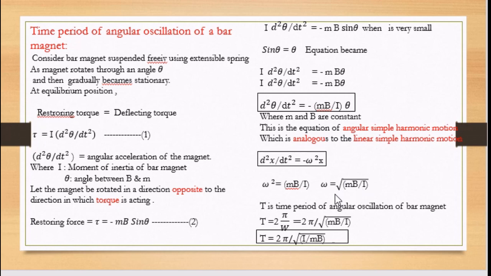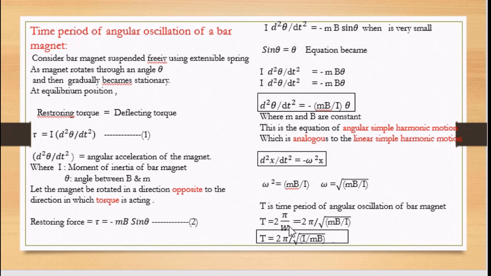Now we are interested in finding the time period, and for this purpose we know that omega is equal to 2 pi upon T. So T is equal to 2 pi upon omega.